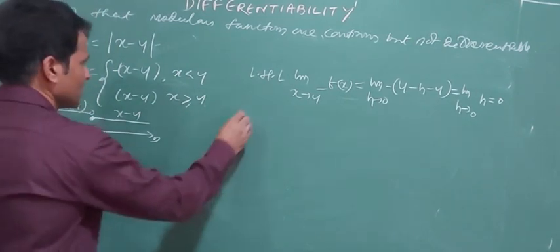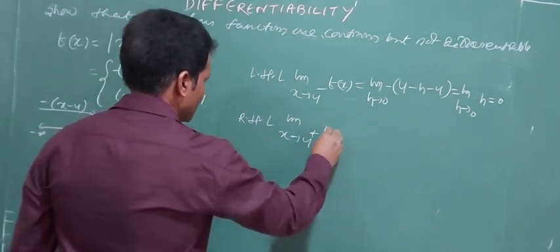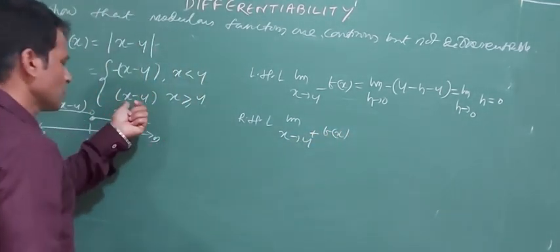Right-hand limit, RHS. Limit x tends to 4 plus f of x. Replace 4 plus h minus 4.